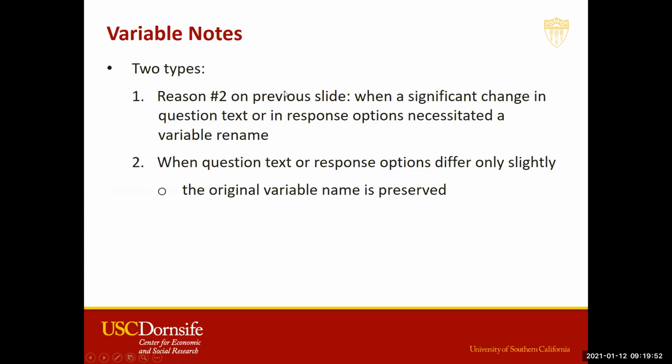The second reason is when question texts or response options differ only slightly. We deemed it not a big enough difference to make a completely new variable, so the original variable name is preserved.